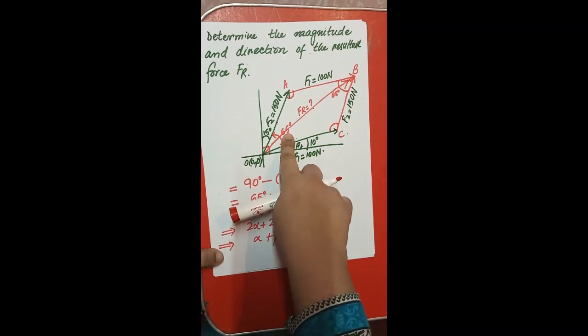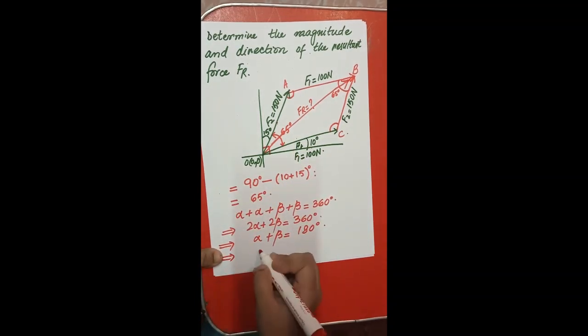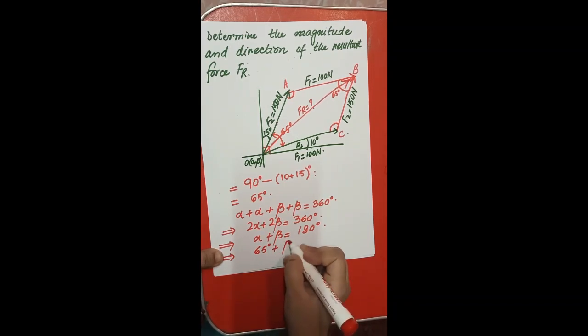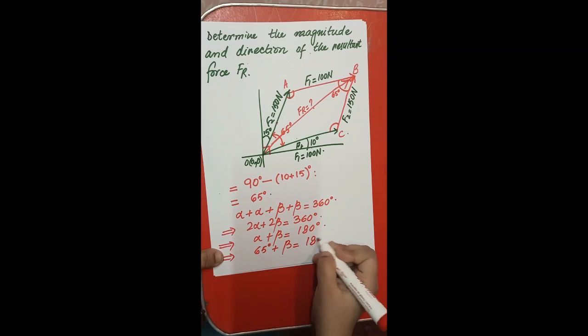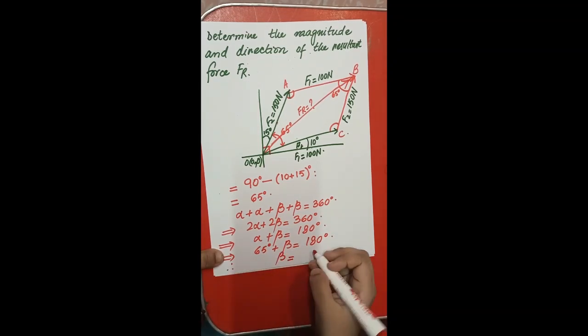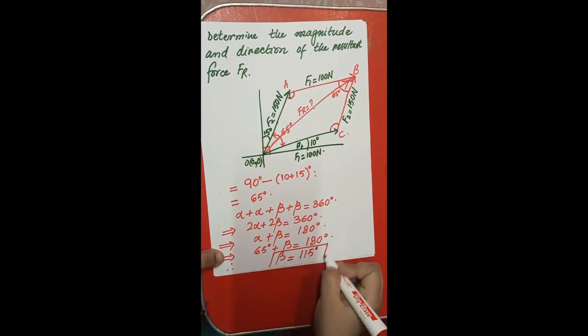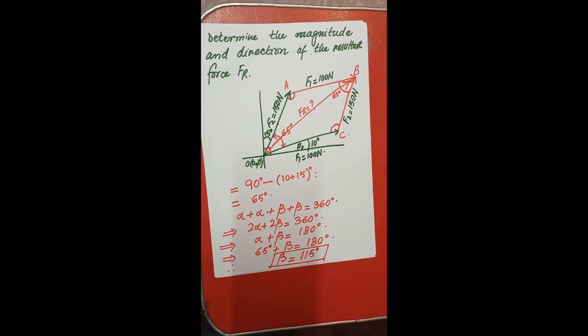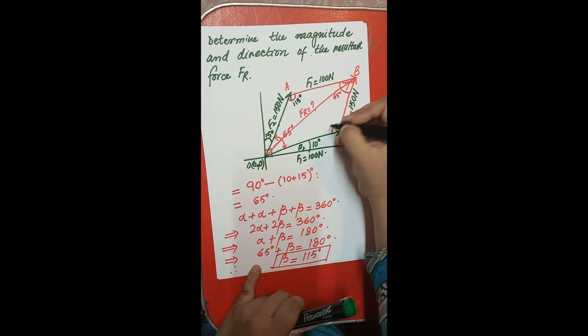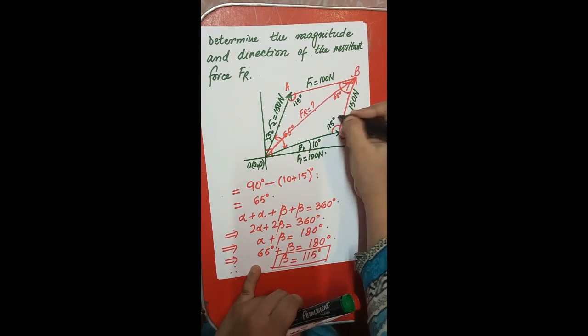We know one angle is 65 degrees, so we put in place of alpha 65 degrees, plus beta equals 180 degrees. We subtract 65 degrees from 180 degrees, so we get beta equal to 115 degrees. So we can write 115 degrees here and 115 degrees here.